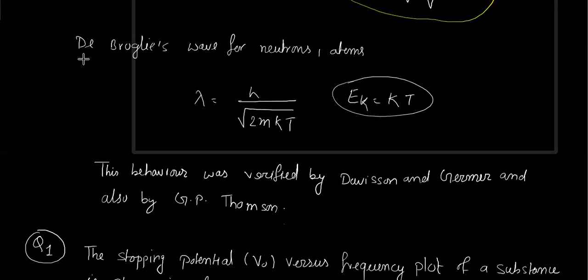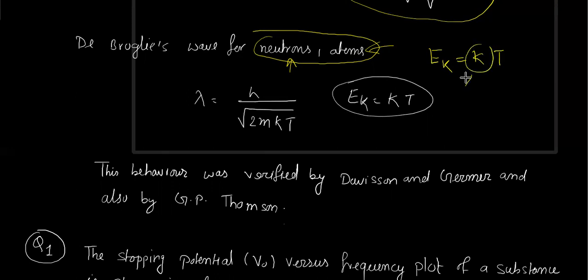So here is another expression for the de Broglie wave. This expression is especially for neutral substances which do not have charge, neutral atoms. So for neutrons and a neutral atom, the kinetic energy can be expressed as the product of kT.